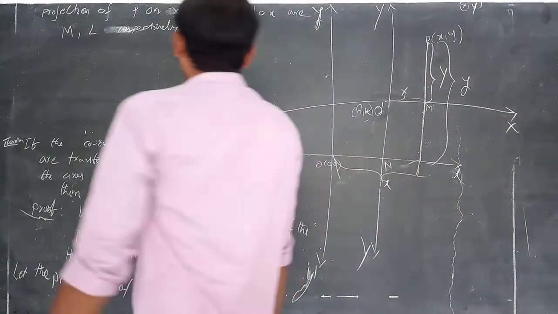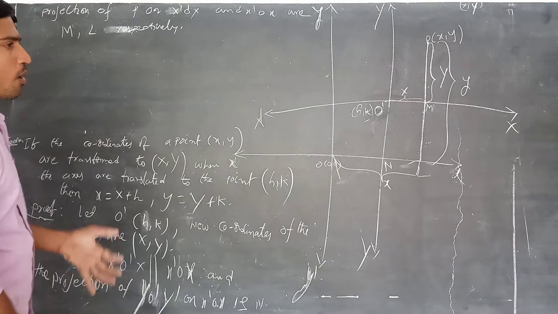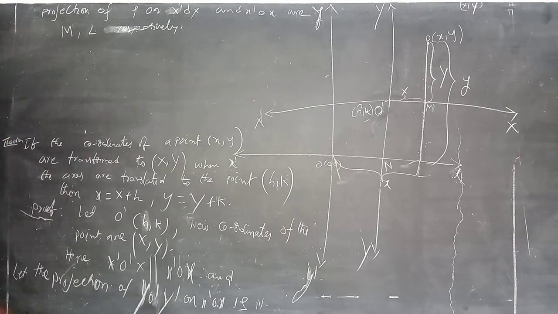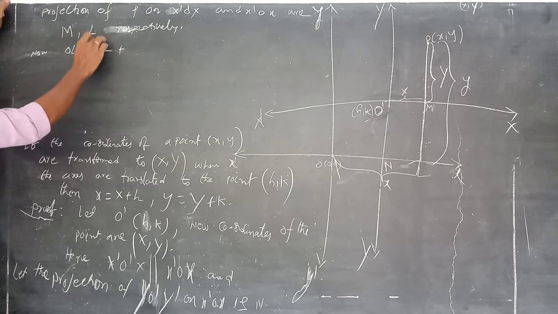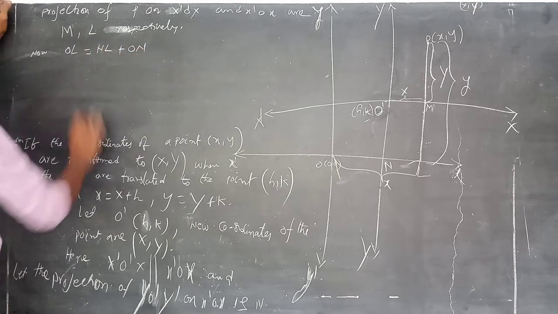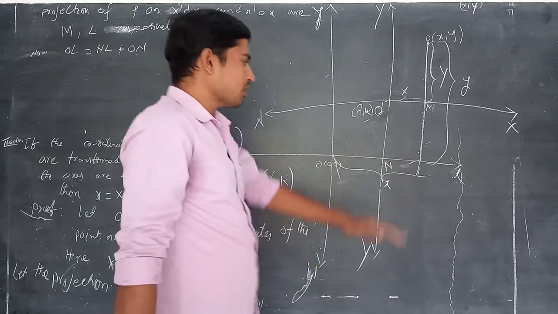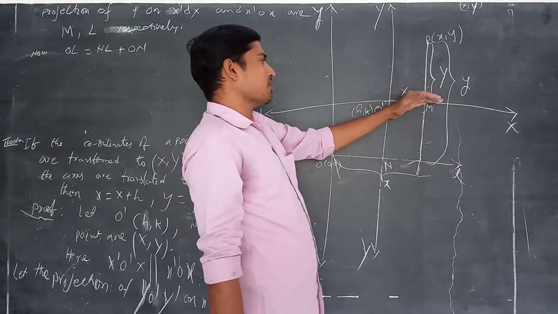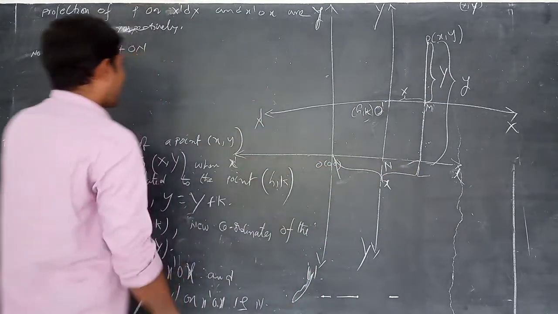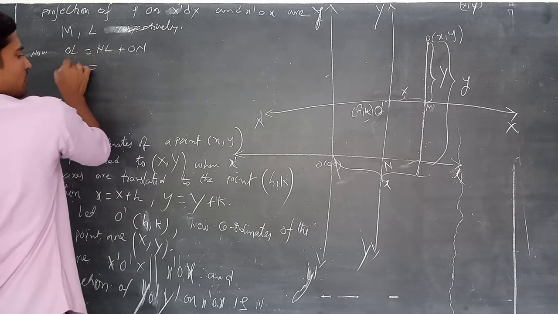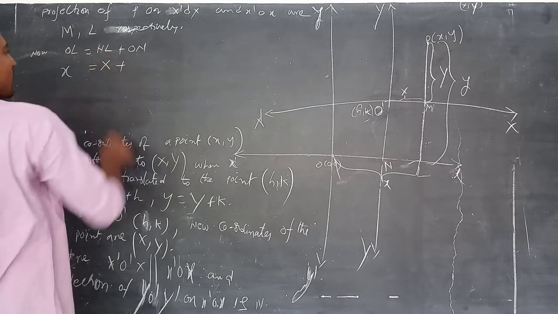So OL can be written as NL plus ON. NL is equal to O dash M, so O dash M is equal to capital X as well as NL also capital X. So small x, OL, is equal to NL is equal to capital X plus ON.